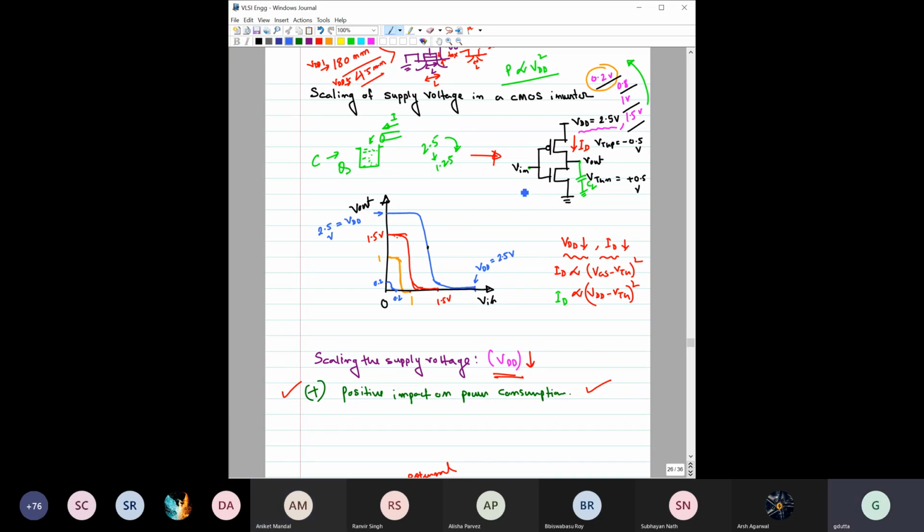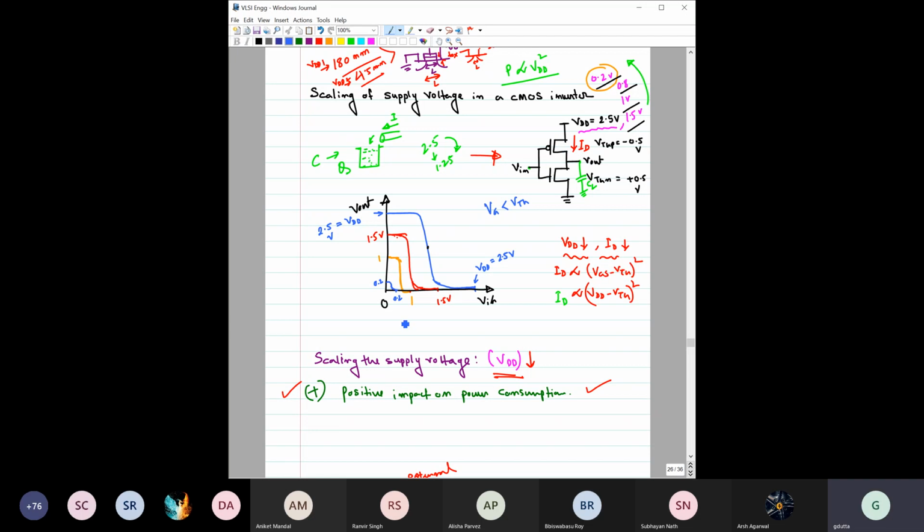Our assumption is that if the gate voltage is less than the threshold voltage of a MOSFET, whether NMOS or PMOS, then the transistor is never on and the current is 0. But that is not the correct thing. We will see it today, because even when the gate voltage is below the threshold voltage, the transistor does conduct. There is some current called the subthreshold current, which will still be flowing, and the subthreshold current would be sufficient to show this VTC characteristic for this inverter.